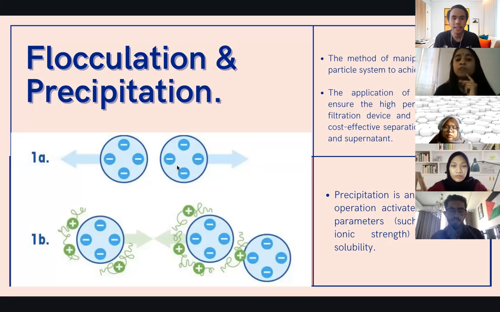Additional flocculant removal methods and verification protocols may be required. These figures show the flocculation and precipitation process. Lastly, precipitation is an active particle manipulation triggered by changing parameters such as solvent or ionic strength to decrease solubility. Next, I will pass to Arina.